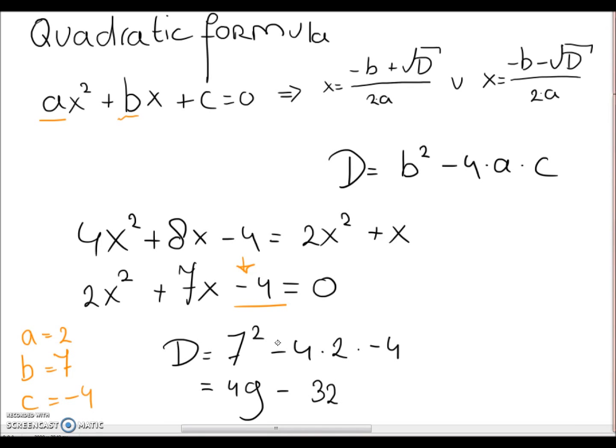But mind that there's a minus over here and over there, so I add them together and I end up with 81. Note that 81 is the square of 9. That doesn't really matter because even if there's not a perfect square here, we can still use the quadratic formula, but it makes it easier.